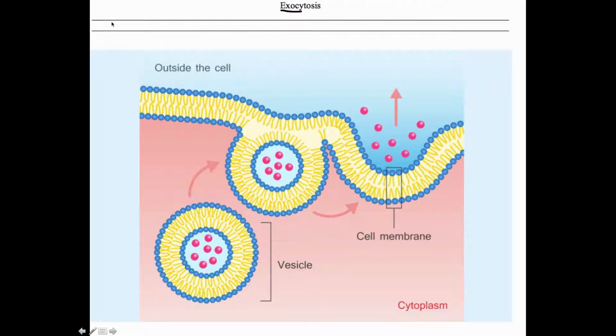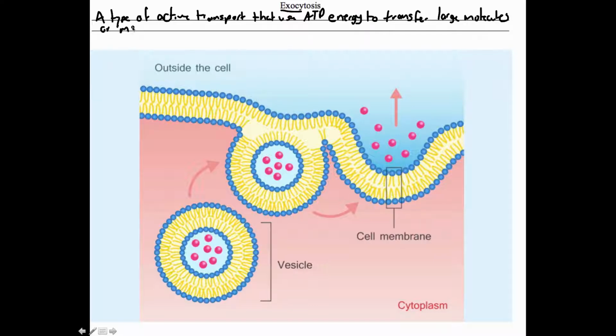So exocytosis is a type of active transport that uses ATP energy to transfer large molecules or many small molecules out of the cell using vesicles.